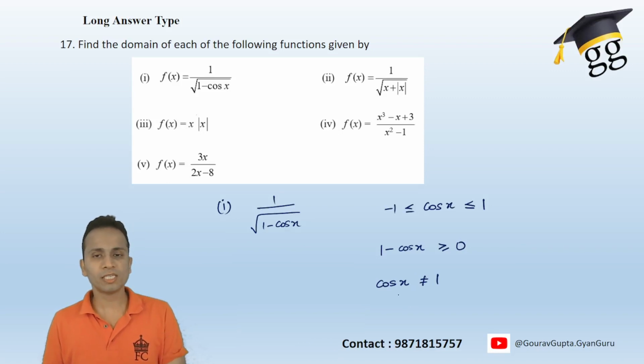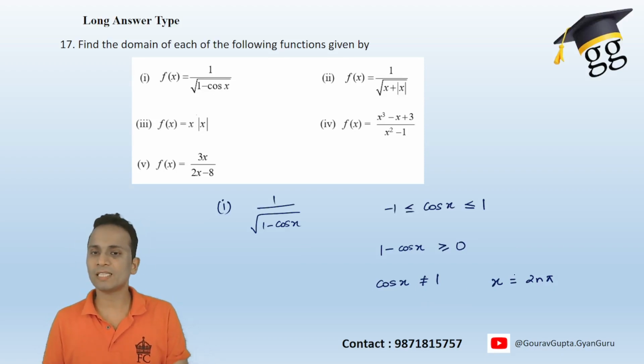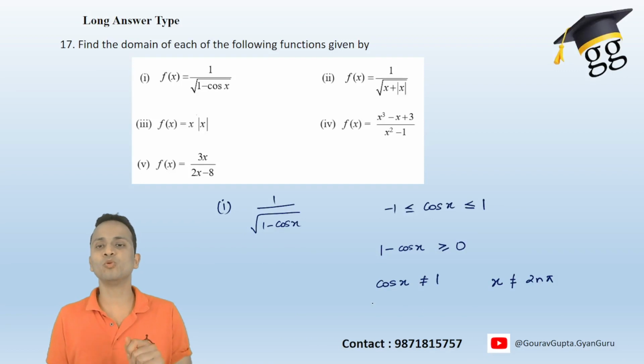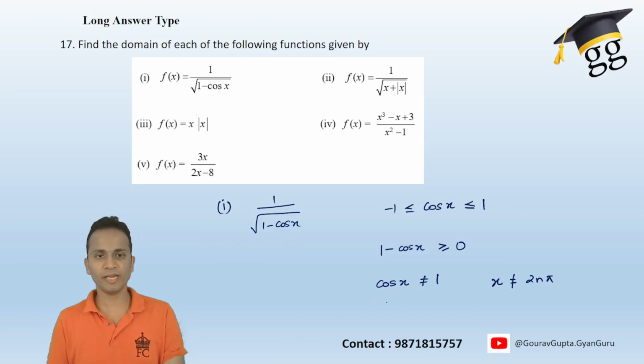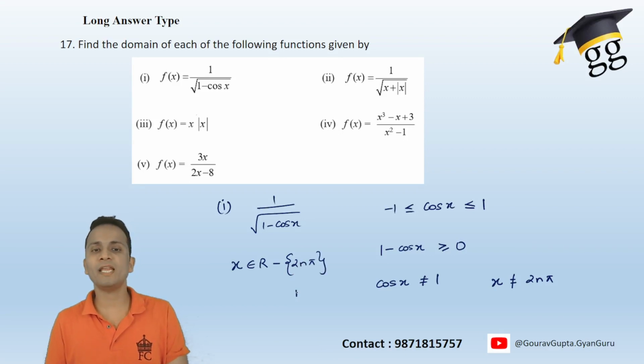Cos x is equal to 1 when x is equal to 2n pi. Now, since I know that cos x should not be equal to 1, I can say that x should not be equal to 2n pi. So for all values of x which are real numbers, except the values which are of the form 2n pi, where n is an integer, will be removed.